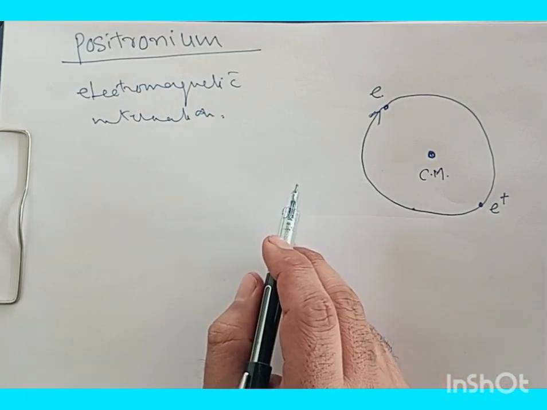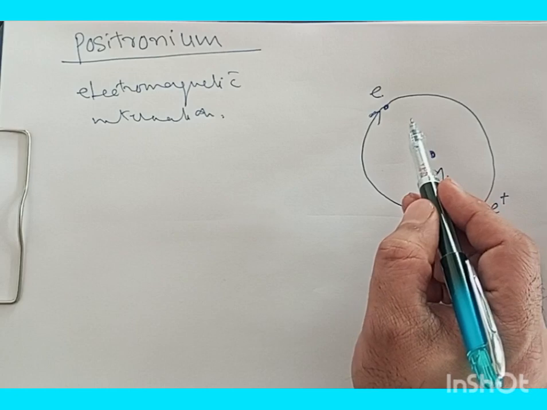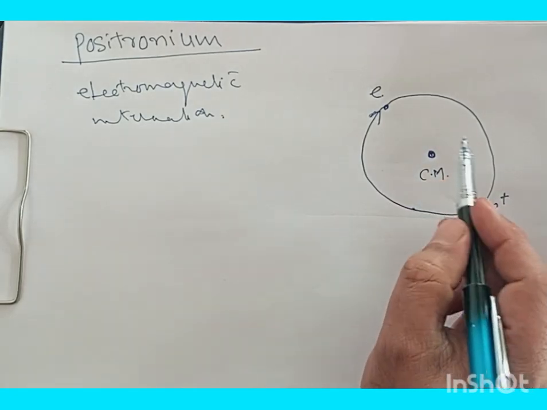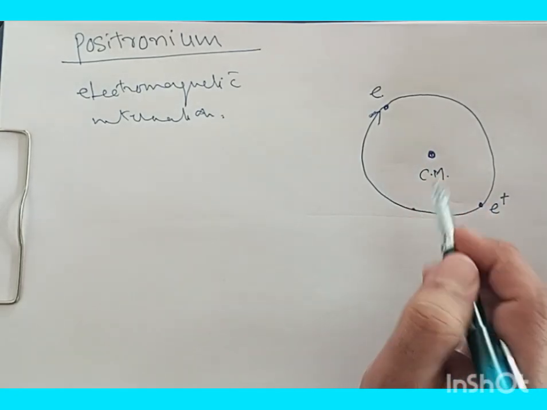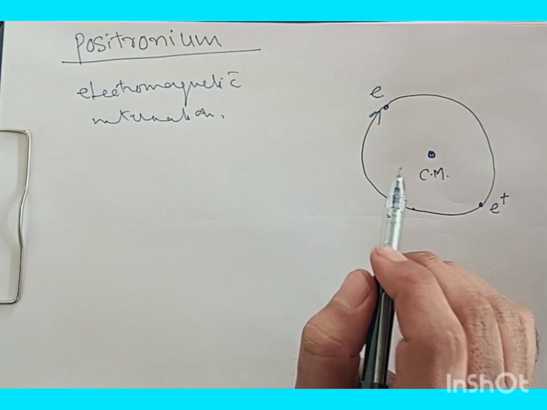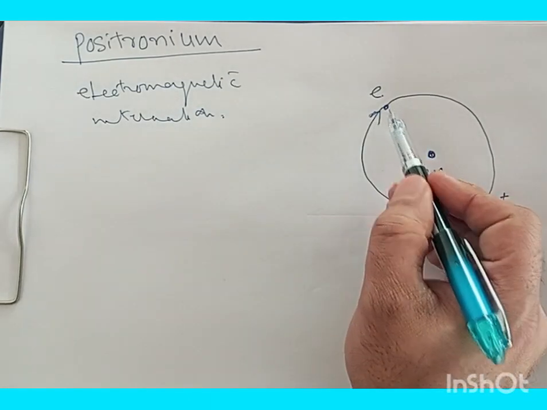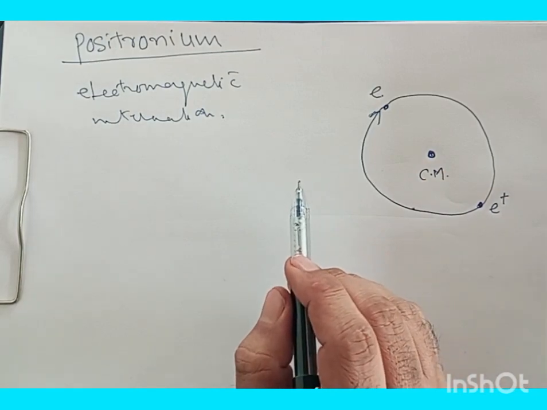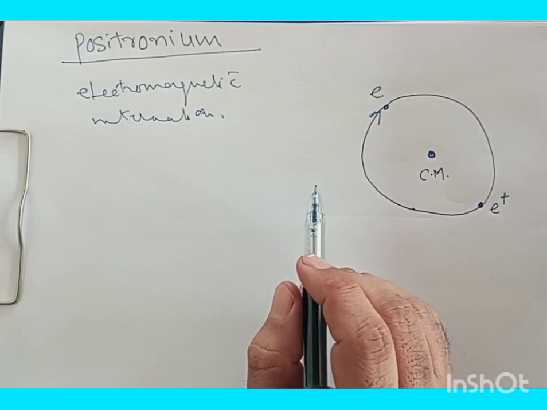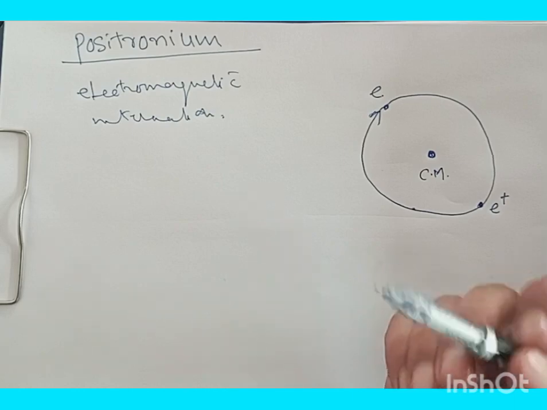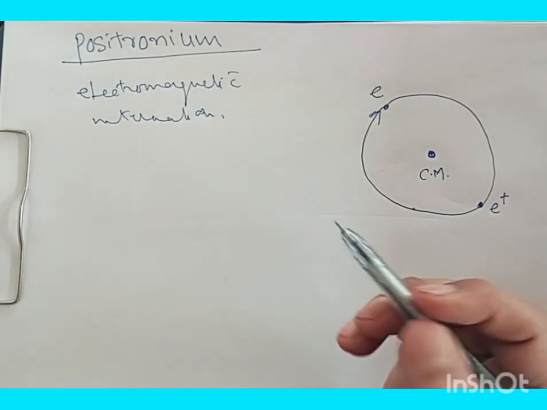Now, the ground state of this positronium has two possible configurations, and these depend on the relative orientation of the electron and positron, that is, the orientation in terms of their spin motion.